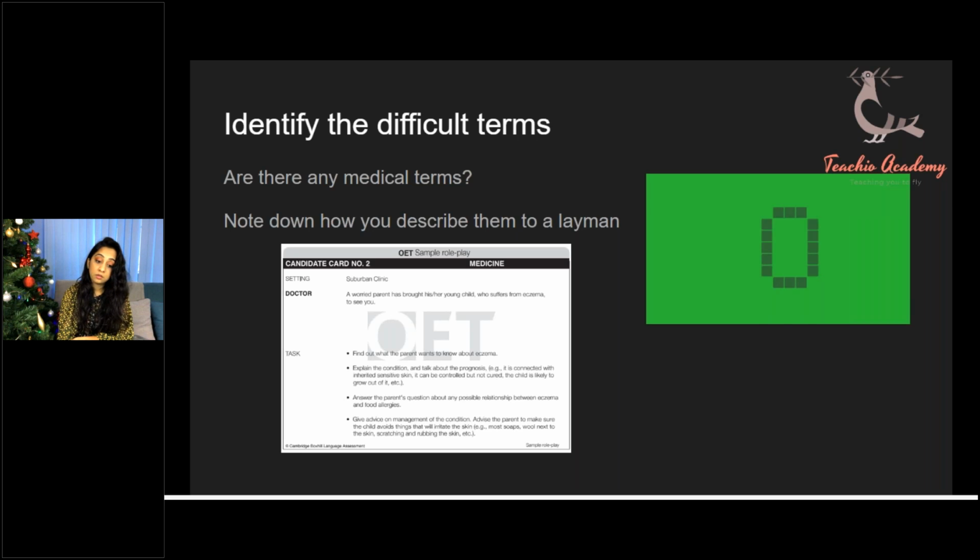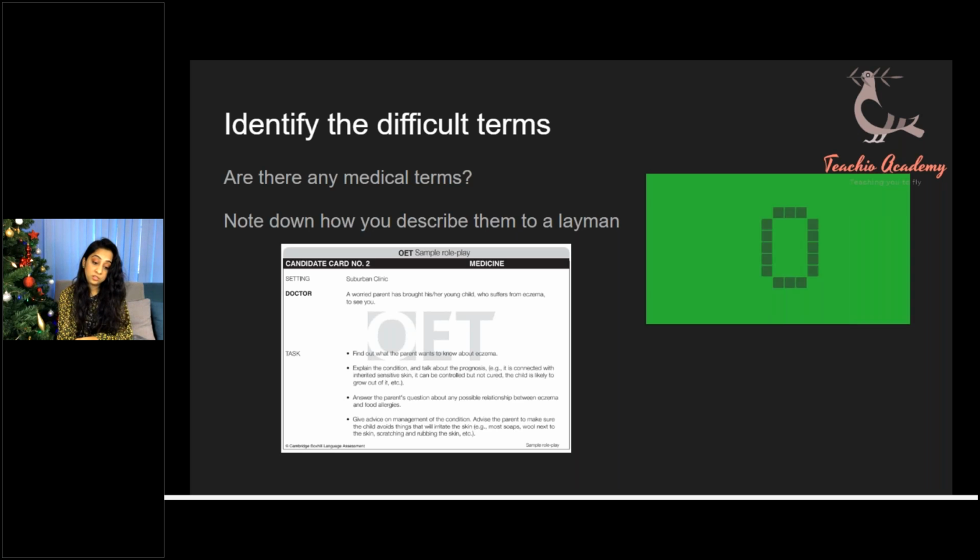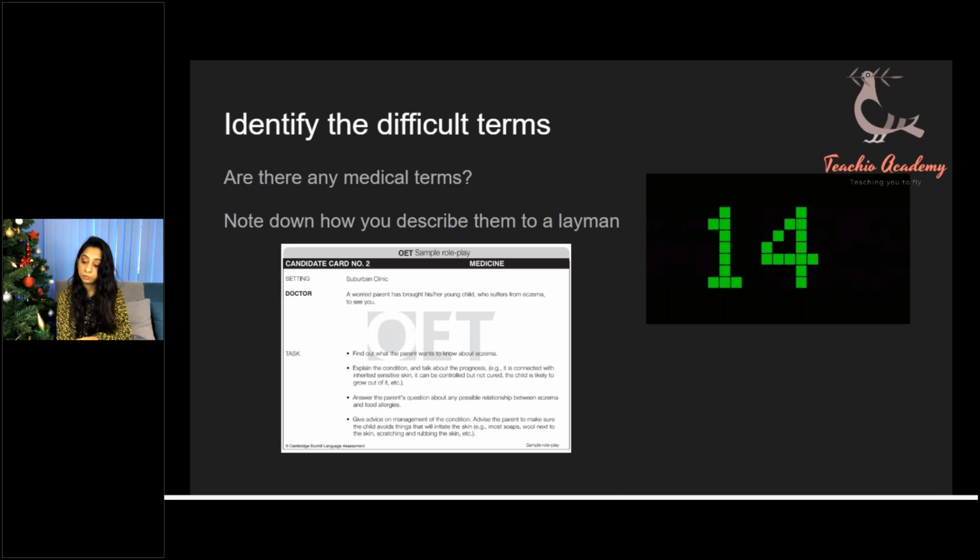But with good treatment and avoiding the triggers, we'll be able to keep the condition under control. There is also a likelihood that the child might even grow out of it. What that means is that after a certain age, the child might not have eczema anymore. So that's how I would describe prognosis.